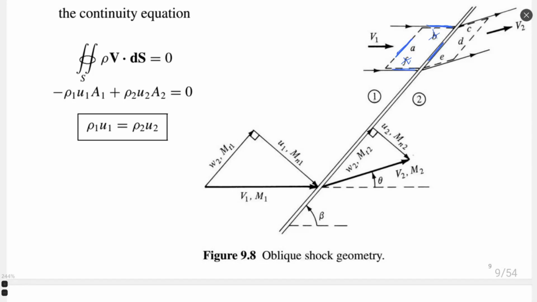In the same way the control volume is organized after the shock wave. It has one edge exactly on the shock wave, the same edge as the first part of the control volume, and it has an opposite edge D. This edge D is also parallel to the shock wave. So edges A and D have the same size and they are parallel. There are also two edges, E and C, which are parallel to the flow after the shock wave.